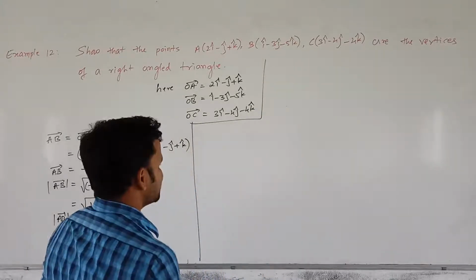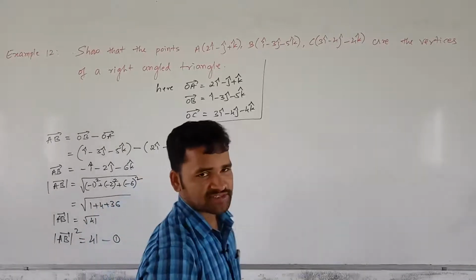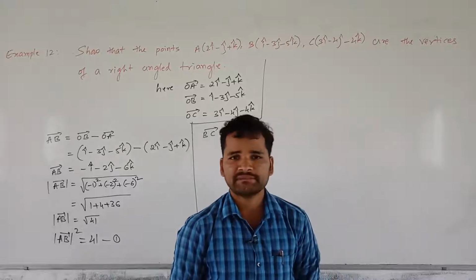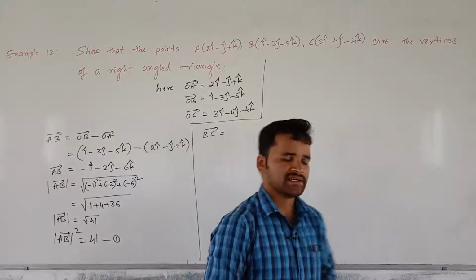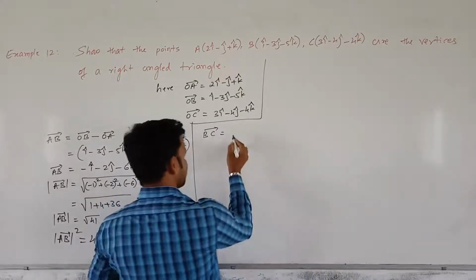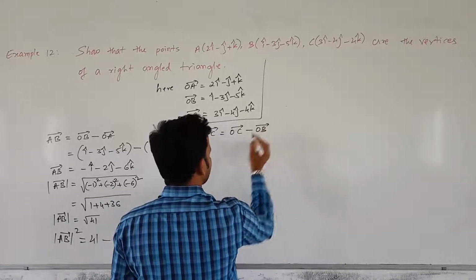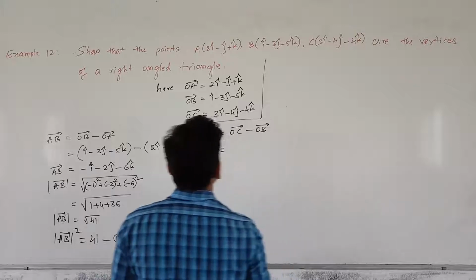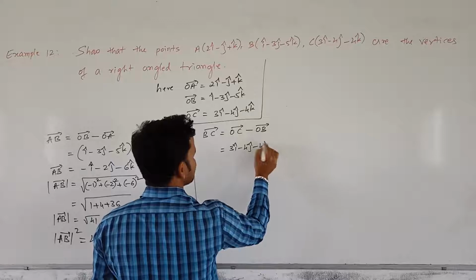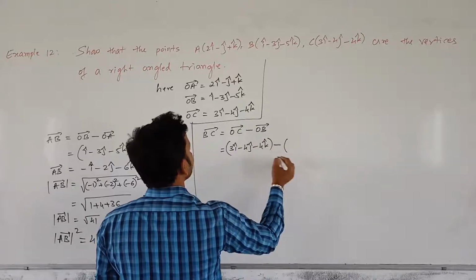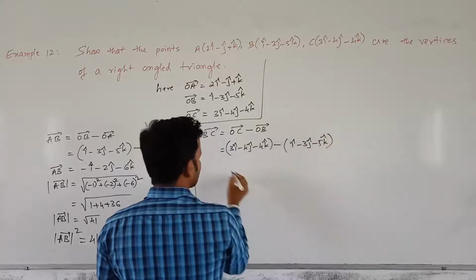coming to side BC. How will you find side BC? Side BC is nothing but a vector joining the two points B and C, where the terminal point is C and the initial point is B. Vector BC is the position vector of point C minus the position vector of point B. OC is 3i minus 4j minus 4k, minus OB, which is i minus 3j minus 5k.